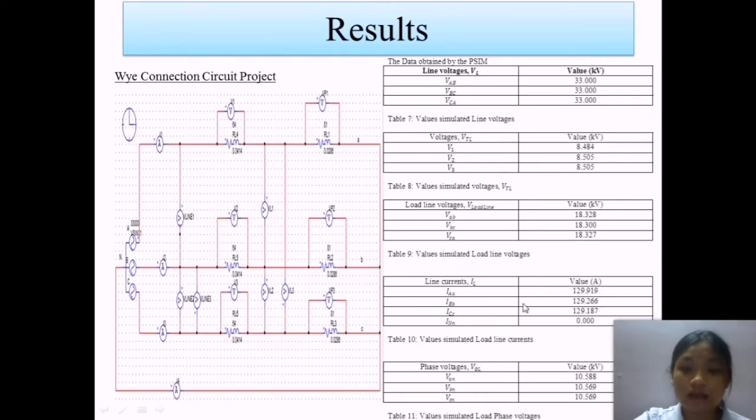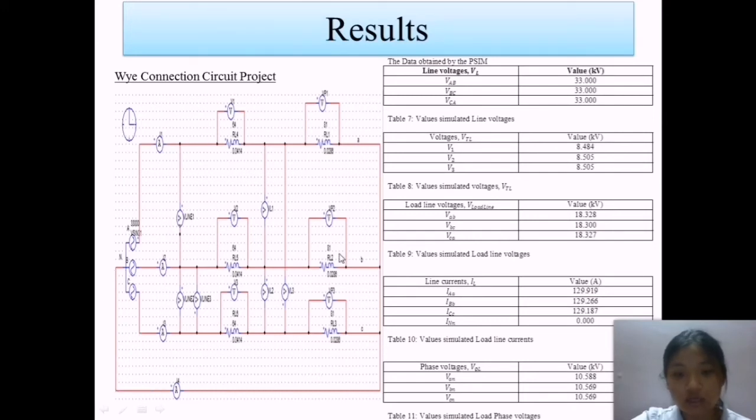For the line currents, I already used these parameters before to calculate the theoretical calculations, and from this we have IAA, IBB, ICC, and INN. So where is the INN? INN is this line.